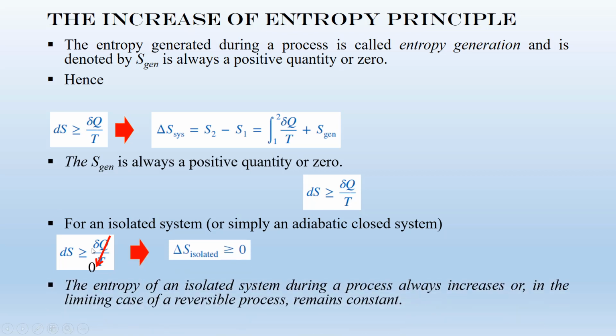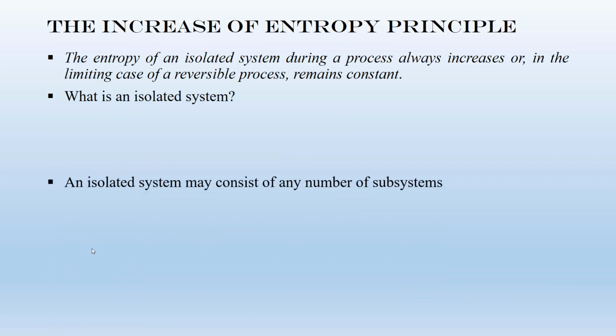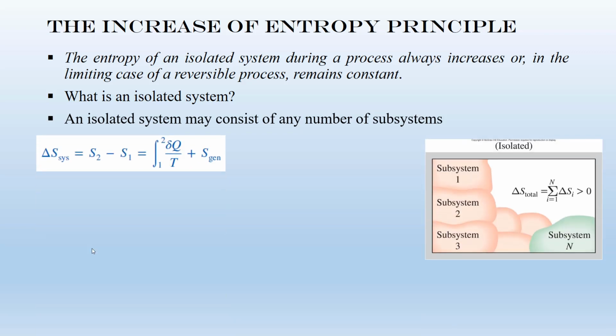From here you can see that the delta S for an isolated system is always greater than or equal to 0. An isolated system is normally a combination of several subsystems. For example, you can consider the universe as an isolated system.